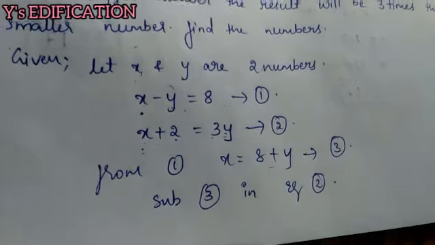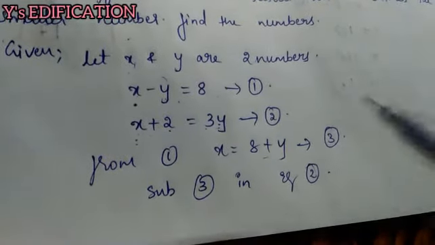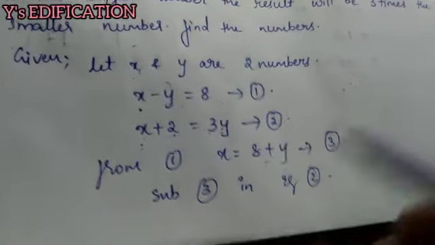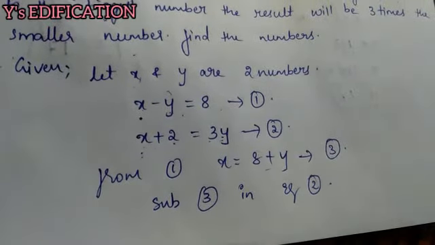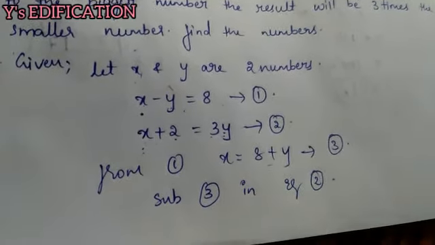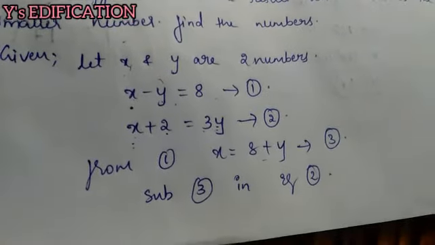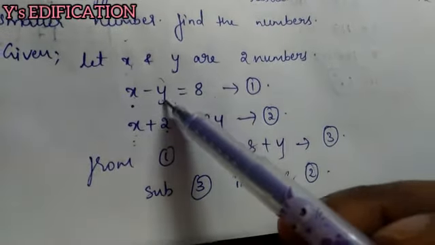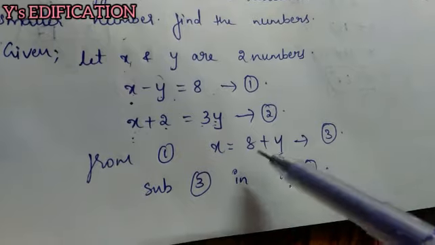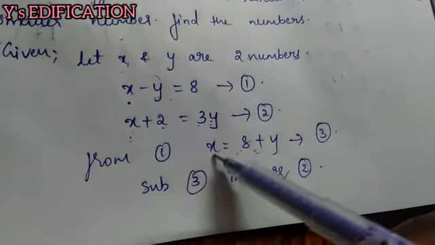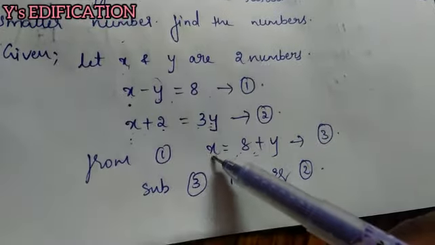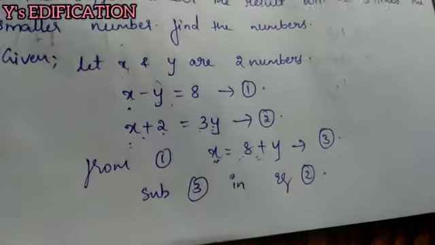Look at this very carefully, what we are substituting and where we are substituting. In these types of problems, understanding the question is the most important thing. Now we got the x value here, and we are going to substitute this x value in equation number 2.